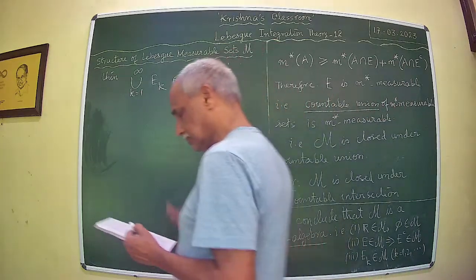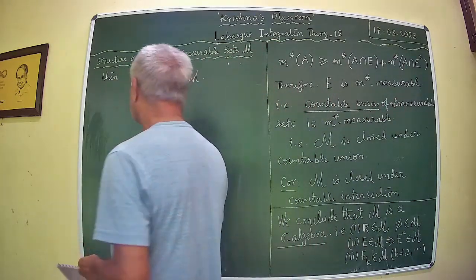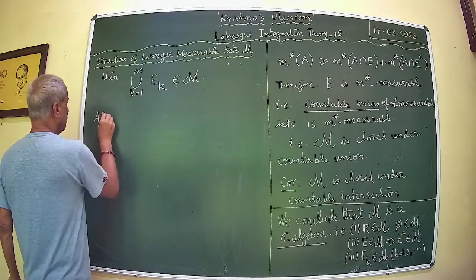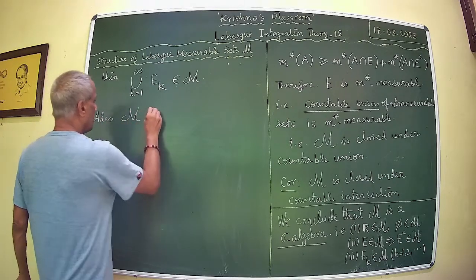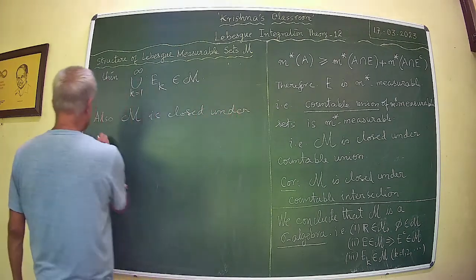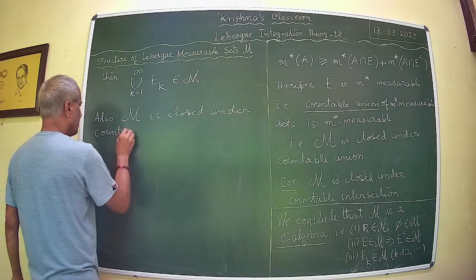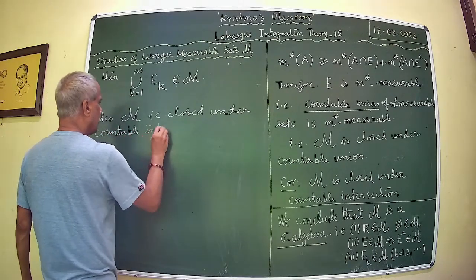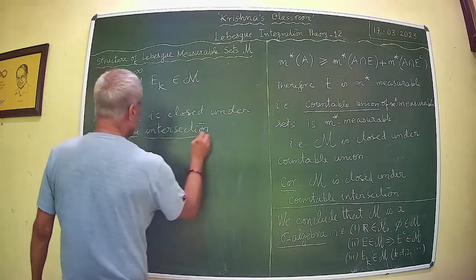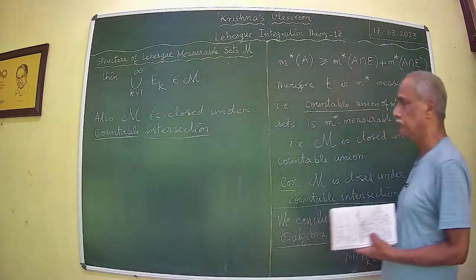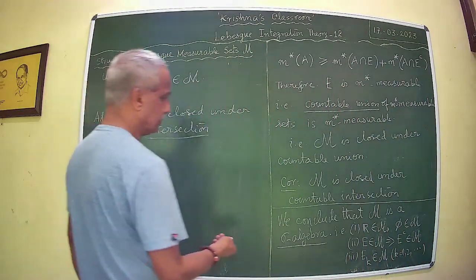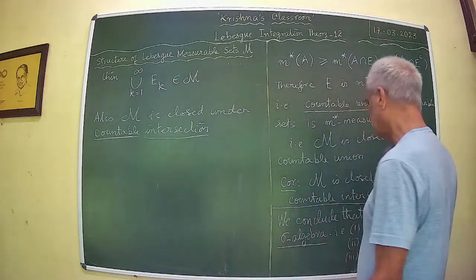That is not needed. So the consequence of the corollary is that script M is also closed under countable intersection. So now all those finite things can be replaced by countable. So therefore script M is a sigma algebra. That's what we have said. Okay.